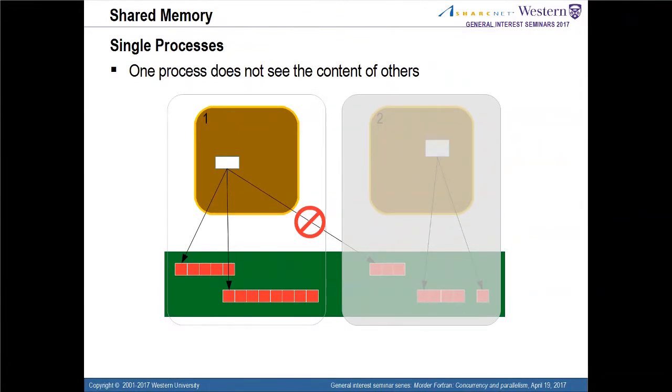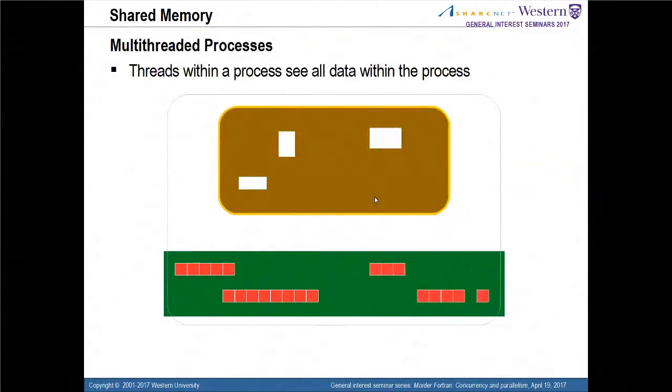This is normal. If they can, that will be really dangerous, right? If you can access your neighbor's money inside their house, that will be a really, really bad thing. So the same thing here. In a single entity, the process cannot access data normally held in another process. And in a multi-threaded program, a process will see all the data within this process.